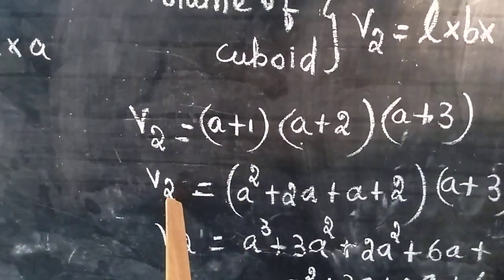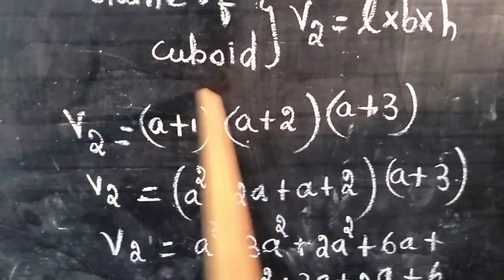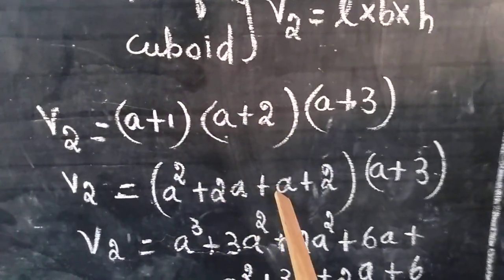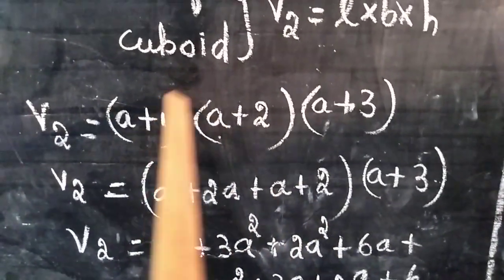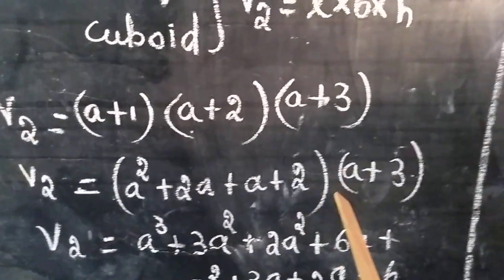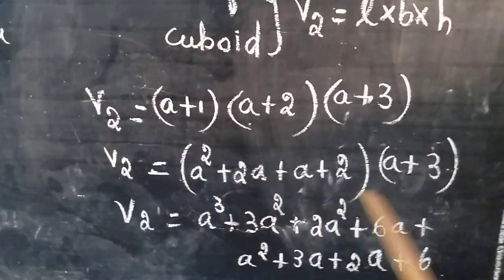Now if we multiply, A into A is A square, plus A into 2 is 2A, plus 1 into A is A, plus 1 into 2 is 2, into A plus 3. Again we are going to multiply these two factors.